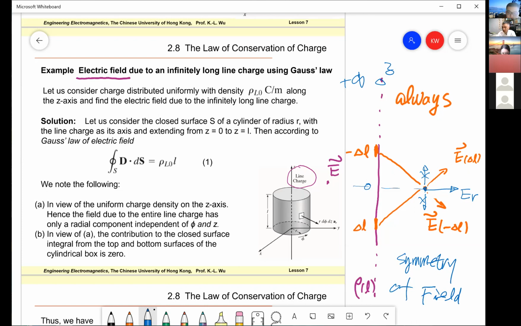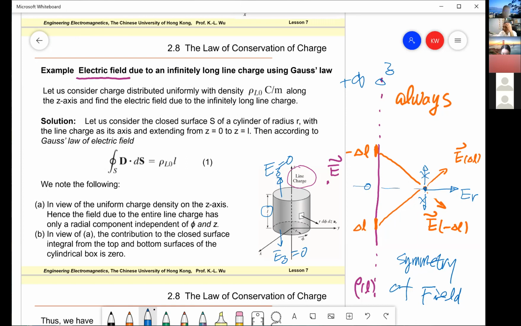In this case, we define a cylindrical surface with length L. Because the line charge is infinitely long, we have no field going out or in from the top and bottom surfaces, because we only have a component in the radial direction.